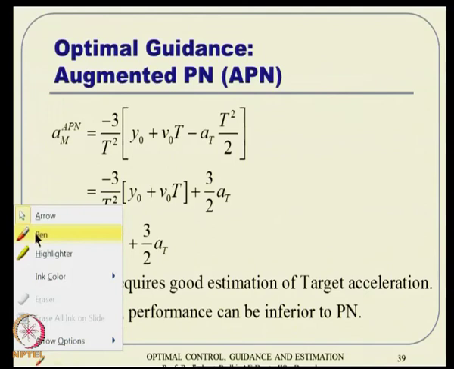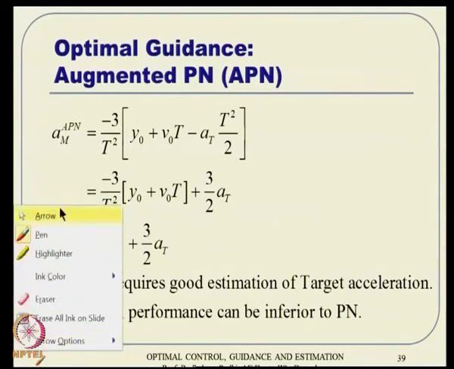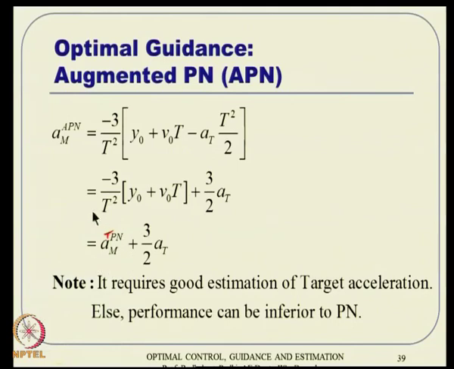For clarity, you can call it something like ATPN if you want to. So, the augmented proportional navigation guidance command is nothing but the same command which comes from true proportional navigation, plus there is a component which comes from the target acceleration.